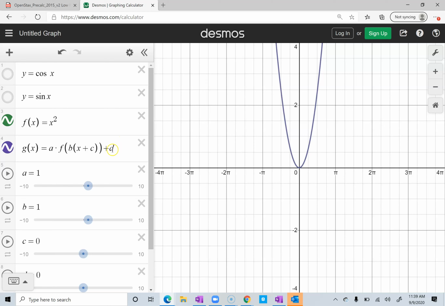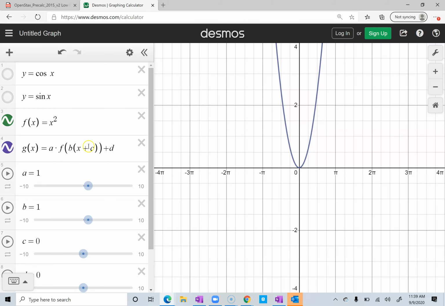And so D did what to the graph? Is it an X or Y? Y. Good, because it's outside. So it shifts it up or down. Take a look. It happens just like you think. Positive D moves it up. Negative D moves it down. That's the adders moving it.